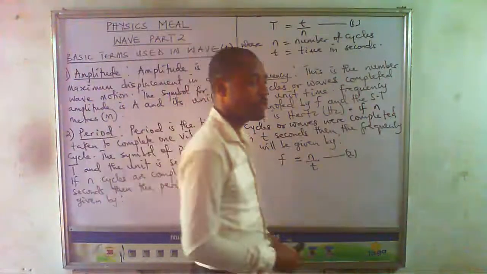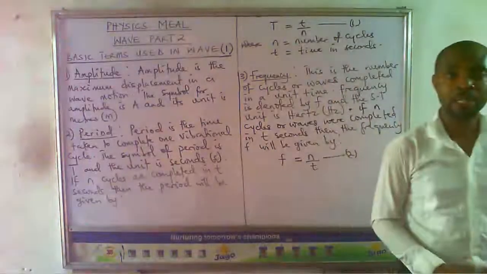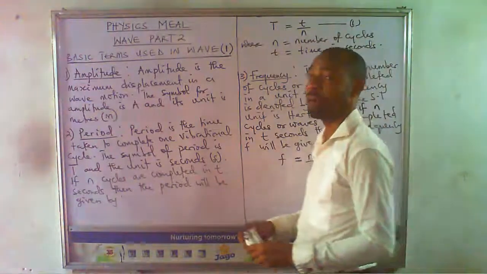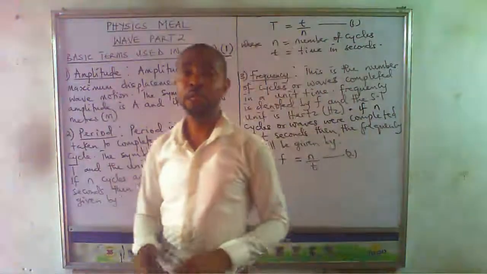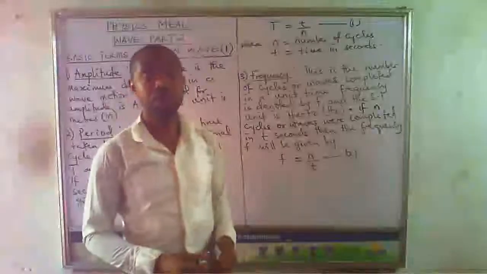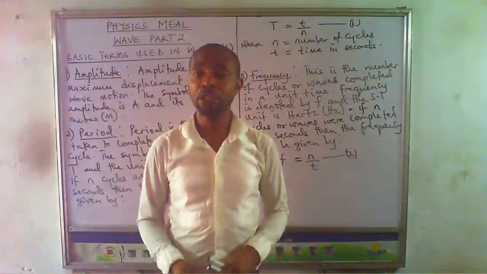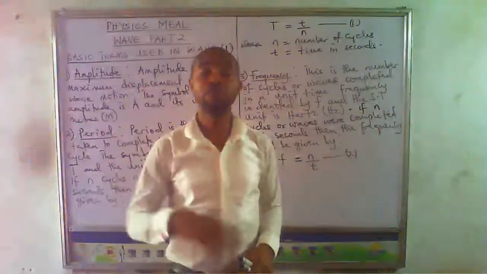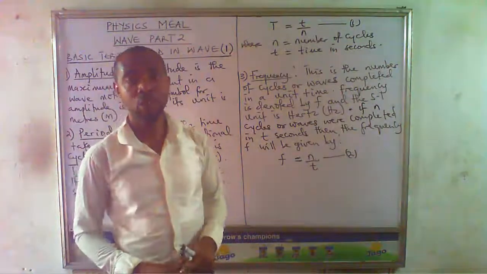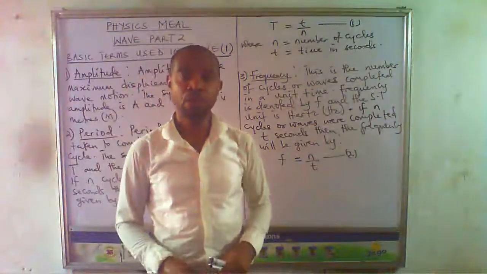All right, so far so good. We have been able to look at 3 terms that are used in wave. One is amplitude, the other one is period, and the third one is frequency. They are all very beautiful terms associated with wave, and we will be seeing these terms from time to time as we study the concept of wave in physics. We are not yet done.